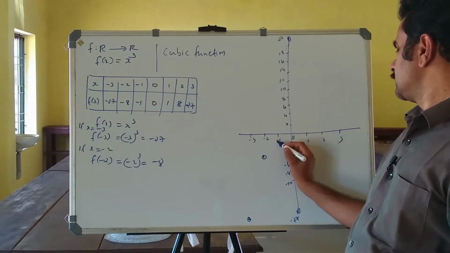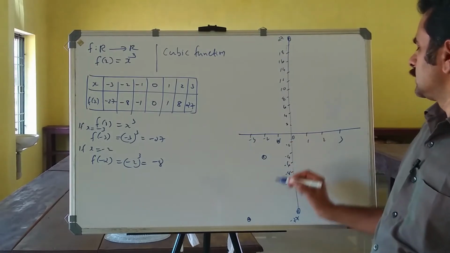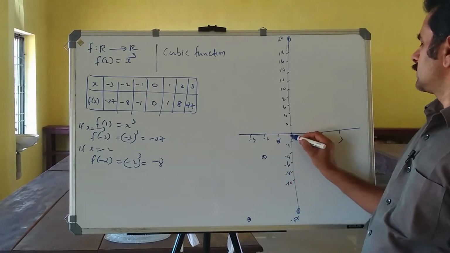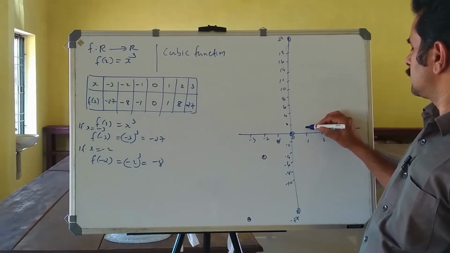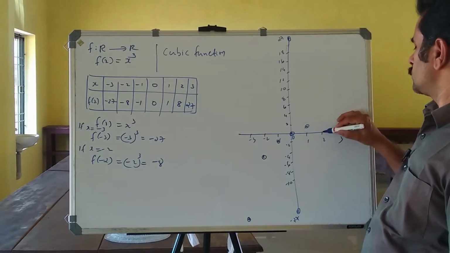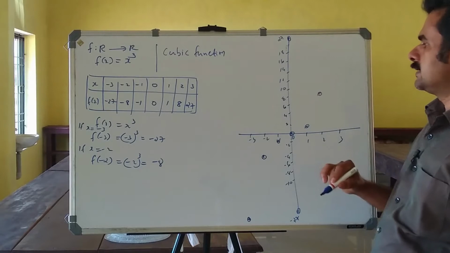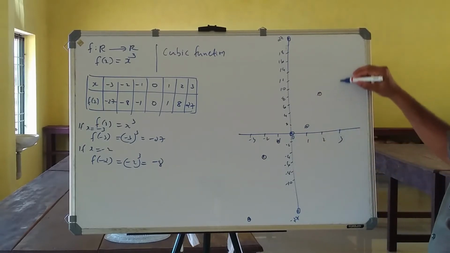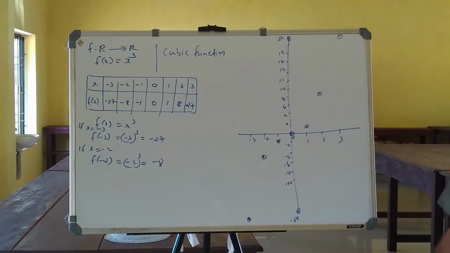Minus 1 is here. Then 0, 0, 1, 1, 2, 8, 3, 27.